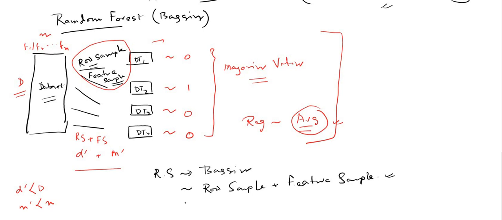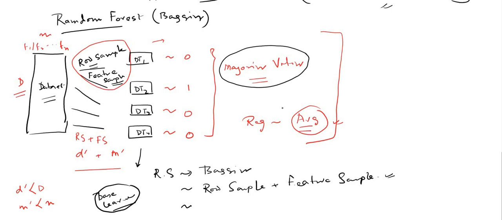Then we will do hyperparameter tuning and so on. Remember, everything we are building here is a base learner, and from these base learners we get the actual results by max voting for a classification problem, and by average for a regression problem.